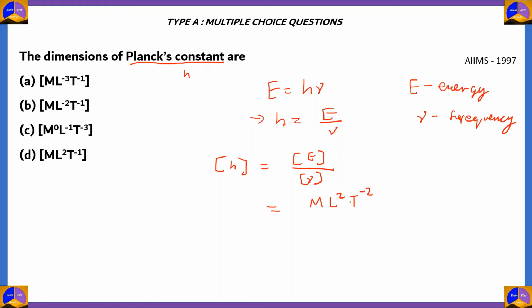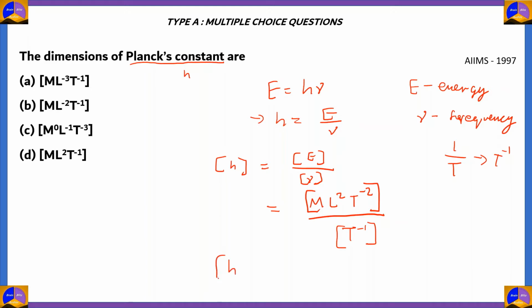So that is force into area. So this is the dimensions for energy. And then divided by the dimensions of frequency. Frequency is 1 by T. So the dimensions will be T raised to minus 1.